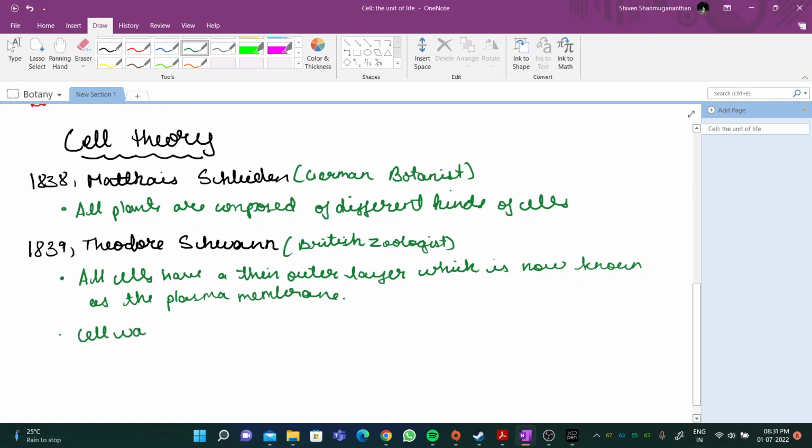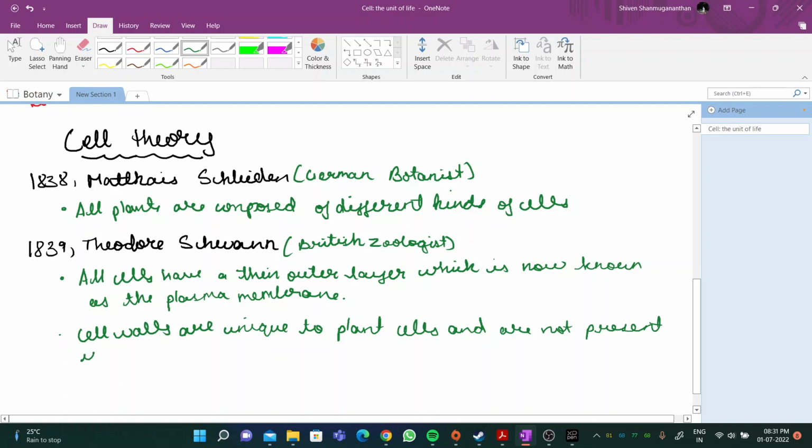Cell walls are unique to plant cells and are not present in animal cells.